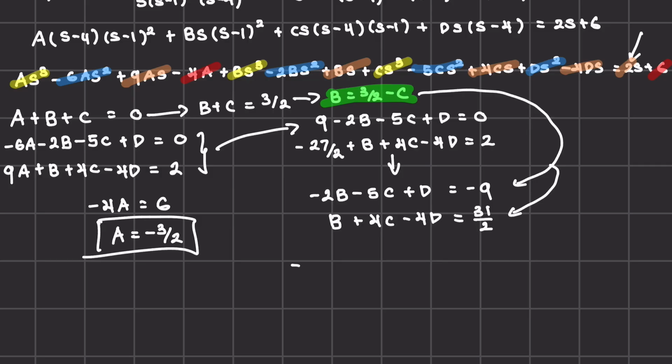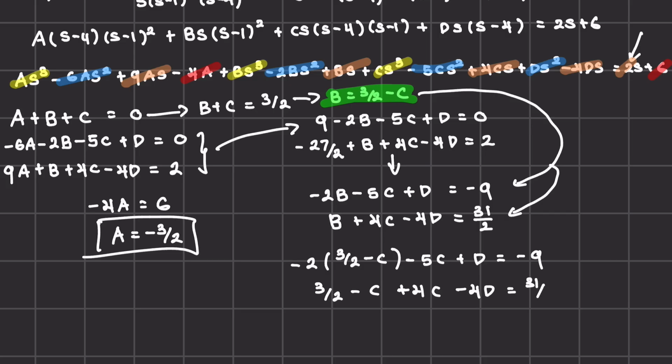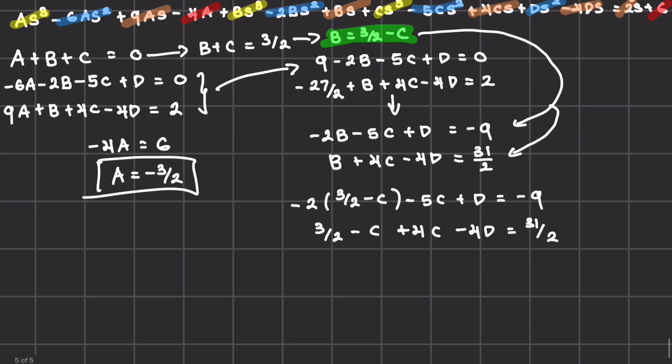So right here, we have -2 times (3/2 minus c) minus 5c plus d equals -9. And for the second one, we have b, which is just 3/2 minus c, plus 4c minus 4d equals 31/2. All right, let's simplify both of these equations.